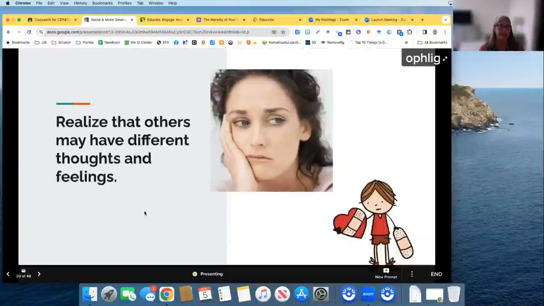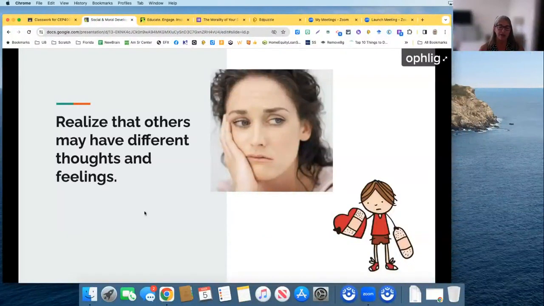So it's realizing that others could have different thoughts and feelings than you. Here's an example: when my granddaughter saw my daughter-in-law laying on the couch sad, she went and brought her Band-Aids, because she knows when she is sad, it's usually because she has a boo-boo. So she thought that would help her mom.